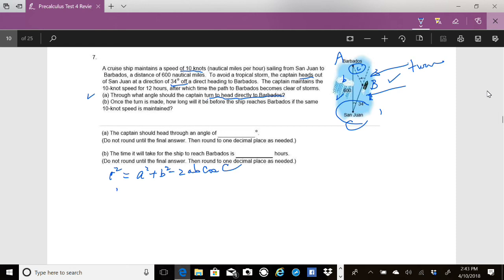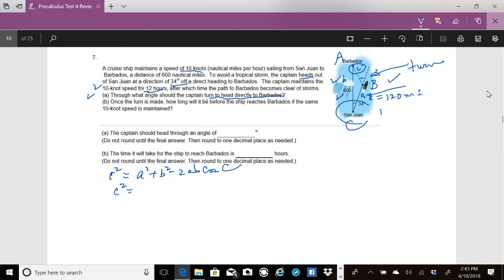So C squared is equal to A squared. What is A going to be? A is how far the boat went when it first started off. And he goes for 10 knots for 12 hours. So A would be 120 miles. We already know that B is 600 miles.